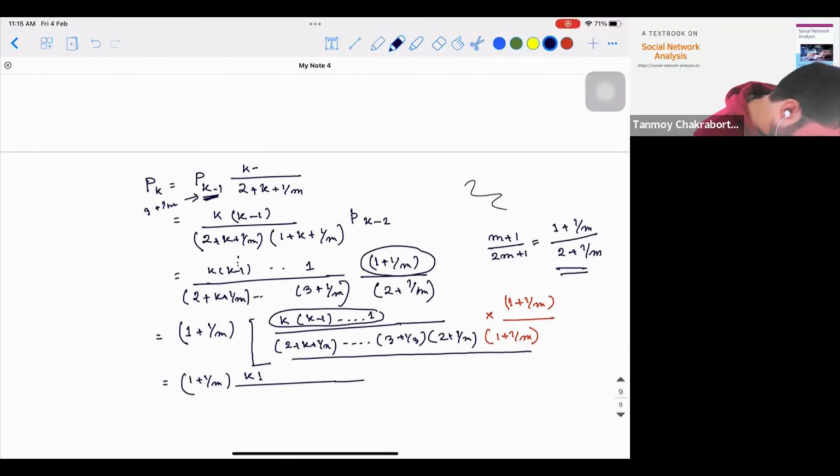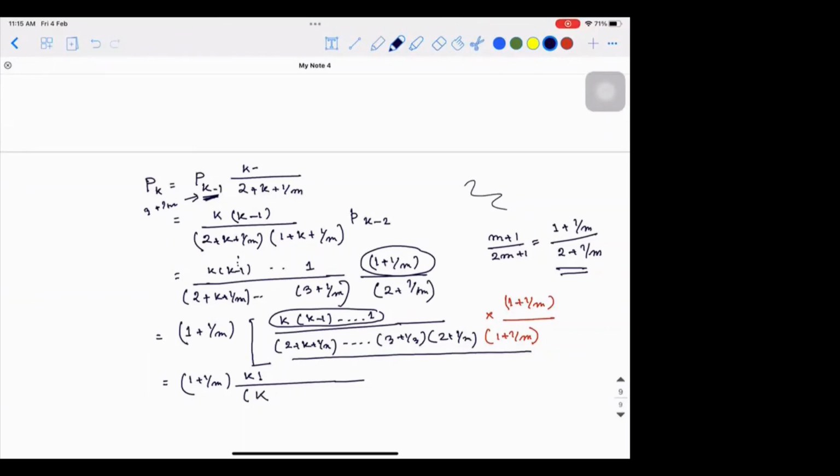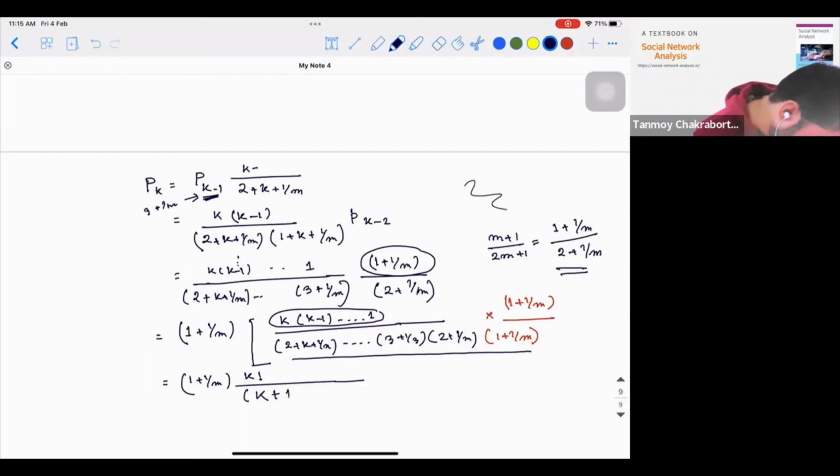So just a minute. If I write it as k plus 1 plus 1 by m factorial.